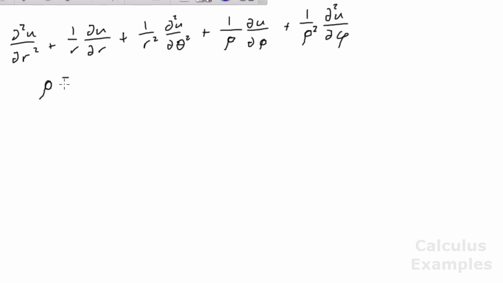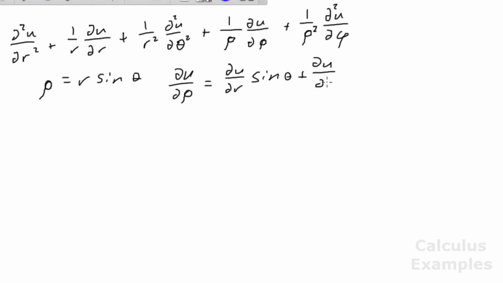We know that rho is r sine of theta. And we know that the partial of u with respect to rho is equal to the partial of u with respect to r, partial of r with respect to rho, which is sine theta, and the partial of u with respect to theta times our cosine theta over r.